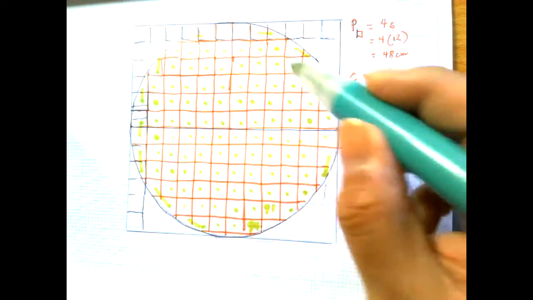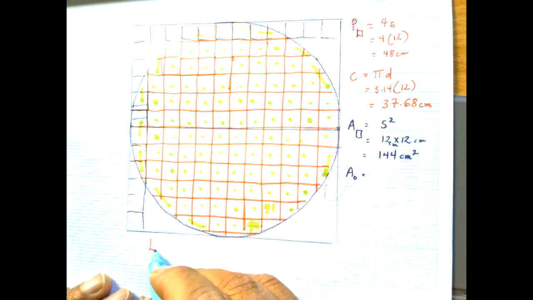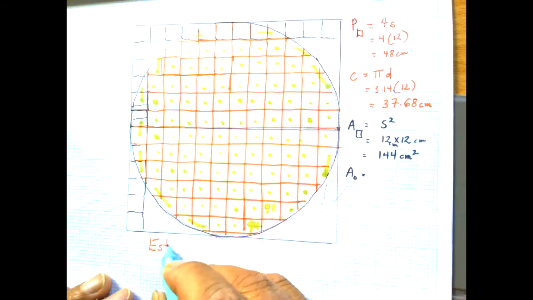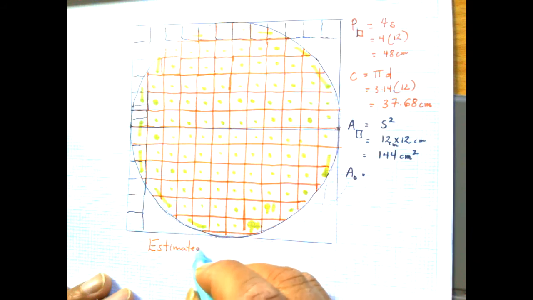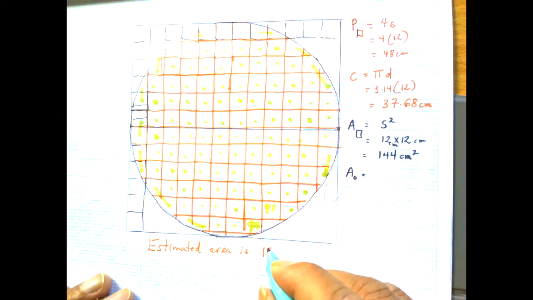So by just counting all the squares, my estimate of the area of the circle is 106.